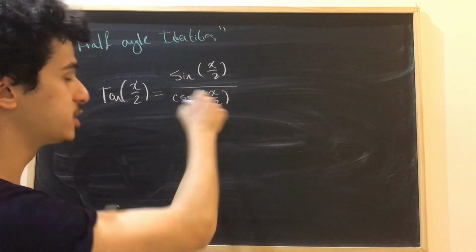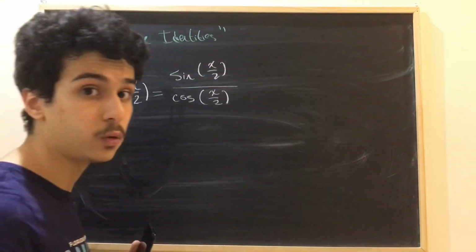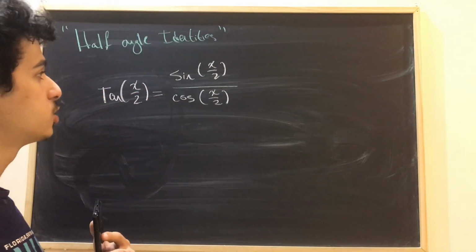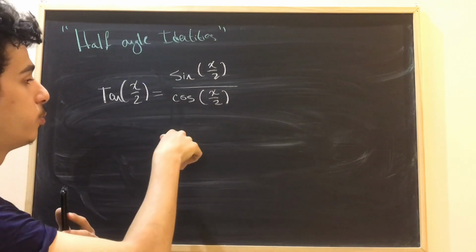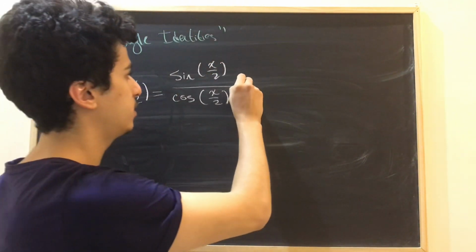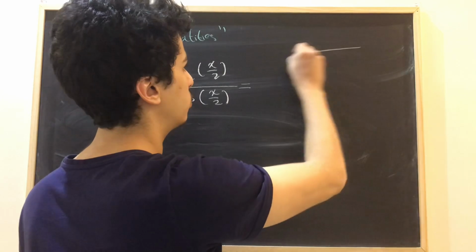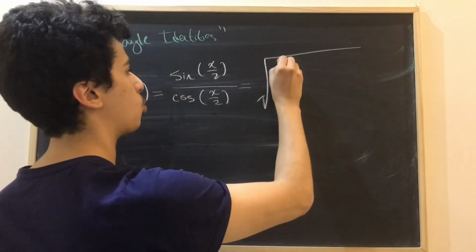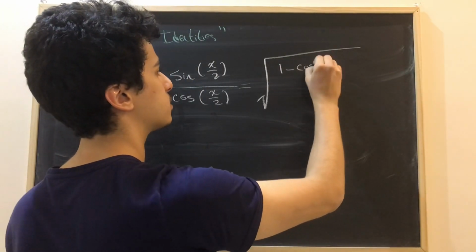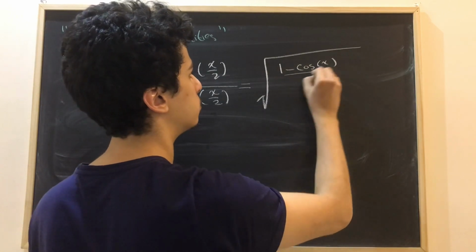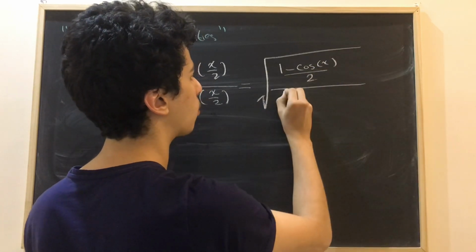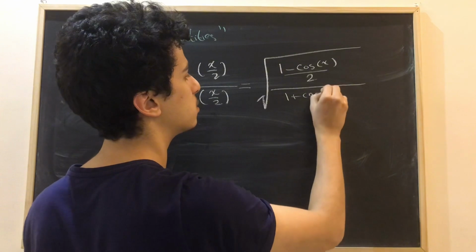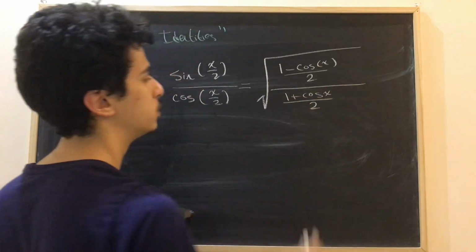Now we know that both sine and cosine of x over 2 include a radical. So I'm not going to put two radicals on top of one another. I'm just going to combine them like you can. And we'll get the square root of 1 minus cosine x all over 1 plus cosine x, each over 2.